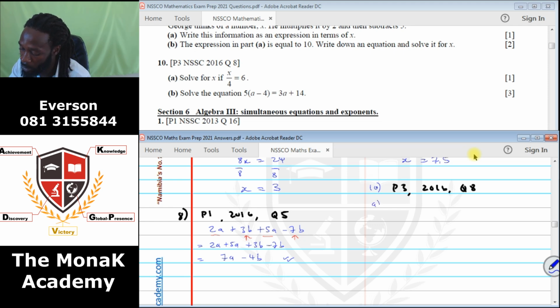A, solve for x. So you have x over 4 equals 6. So what do we do? First multiply by 4 to get rid of the fraction. So it becomes 4 times x over 4 equals 6 times 4. That will cancel, remaining with x equals 6 times 4, it's 24.